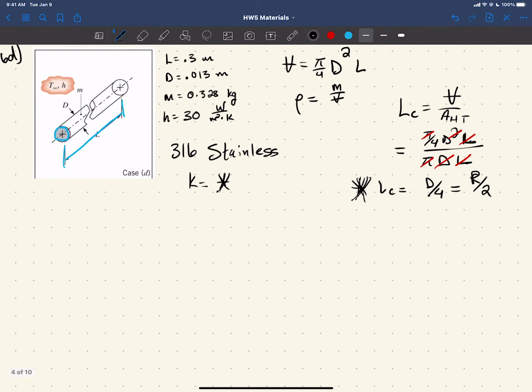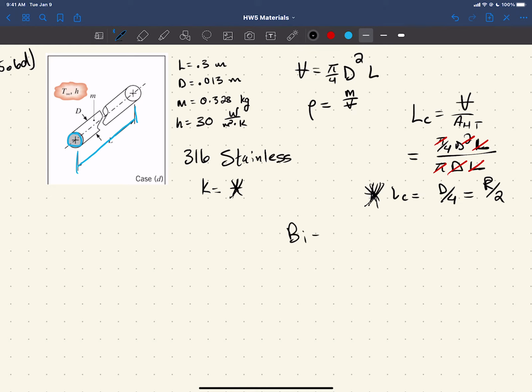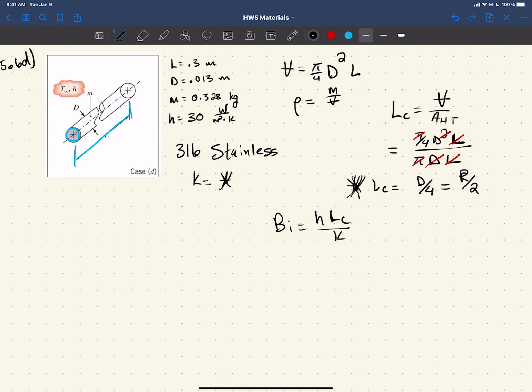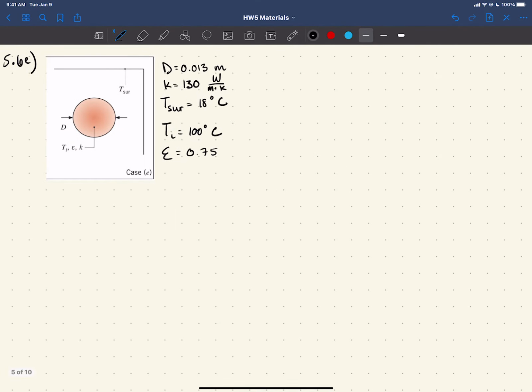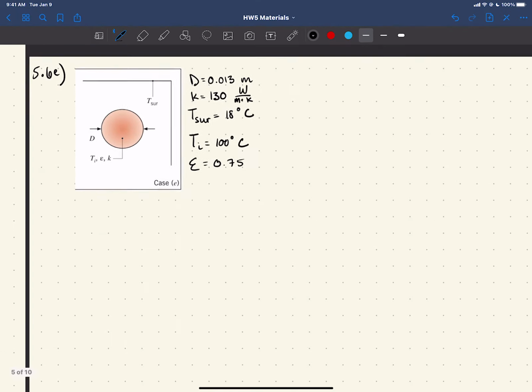Same thing at this point: Biot number is H LC over K. In these first few problems, the most complicated part is figuring out what K is, since they're tricky like this, or figuring out what AHT and the volume are to calculate your LC. And the Biot number is just plug and chug at that point.